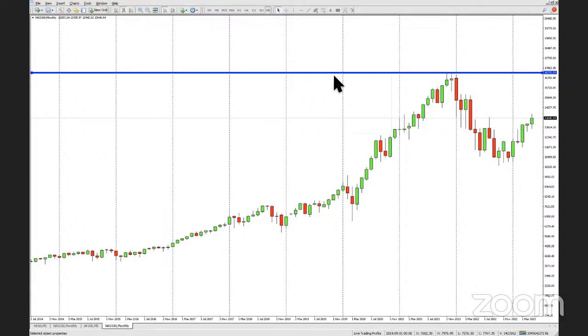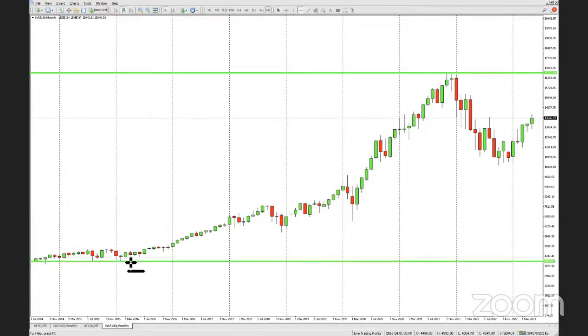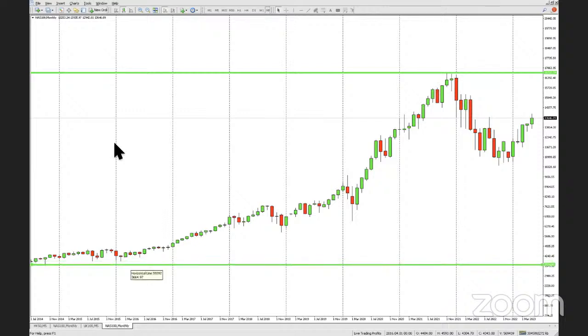Usually I use green for that. It's just personal bias, because the market has to go up to take out that all-time high. Now remember, this is the chart that my broker has given me. So you use the chart that your broker gives you. Some have got charts going back hundreds of years, and that's perfectly fine.